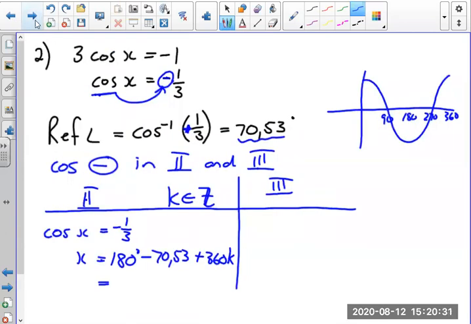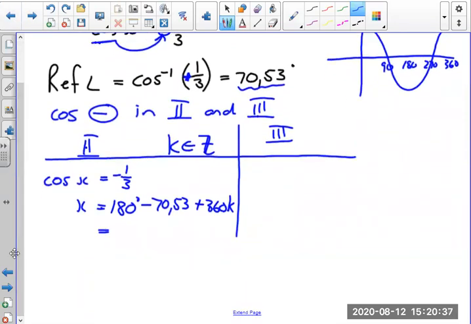Okay, so now I did it for plus 1. Let me just see my reference angle. So that will be 109,47 plus 360k. Is that right? So this is my answer in the second quadrant. So I threw away the minus for the reference angle, but then I fixed it again by looking in which quadrant I'm working. Second quadrant, 180 minus, and then I do the same for the third quadrant.